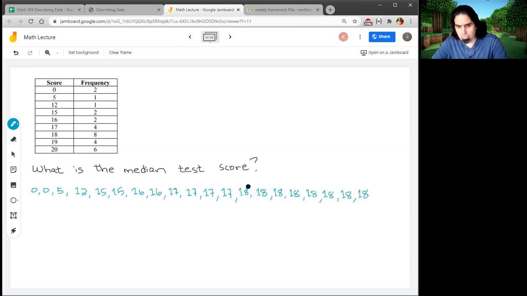Did I get 8 of them? 1, 2, 3, 4, 5. Yep. 4 19s. And 6 20s. It's falling off the side.